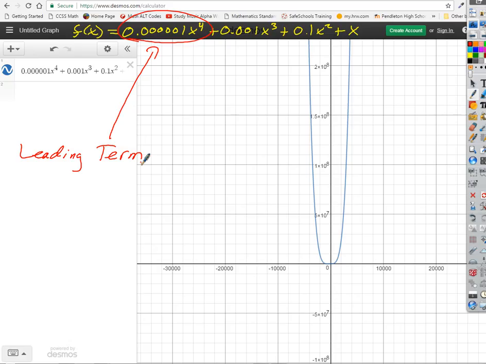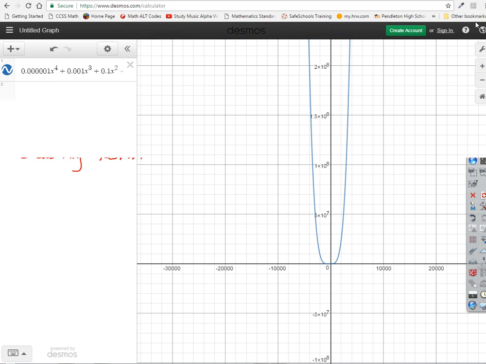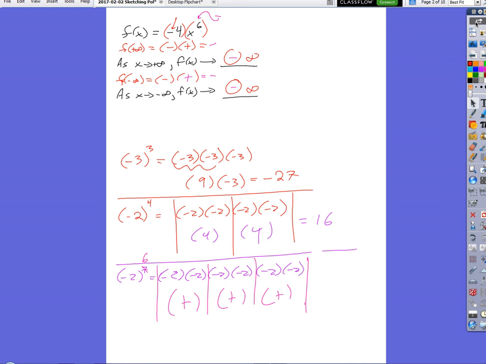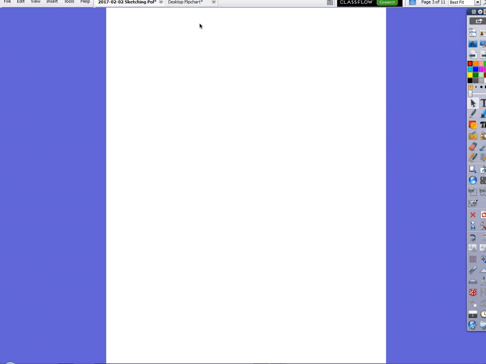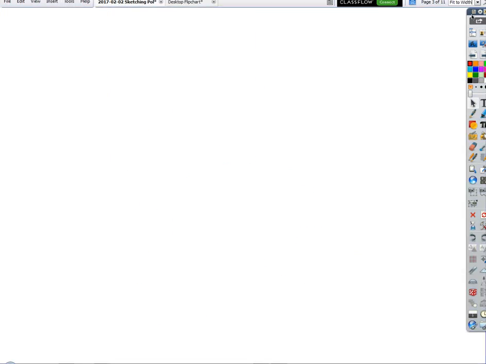So let's try an example. How about if I give you the function? I'll make it really a complicated polynomial.